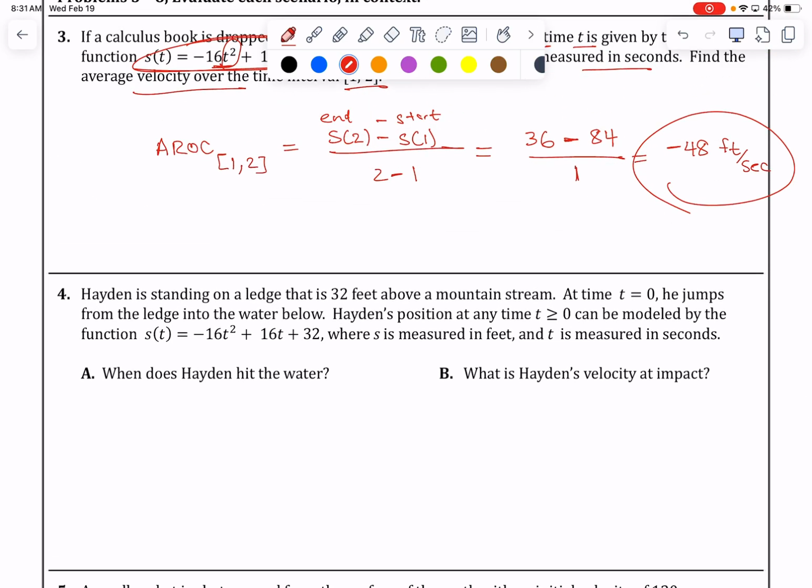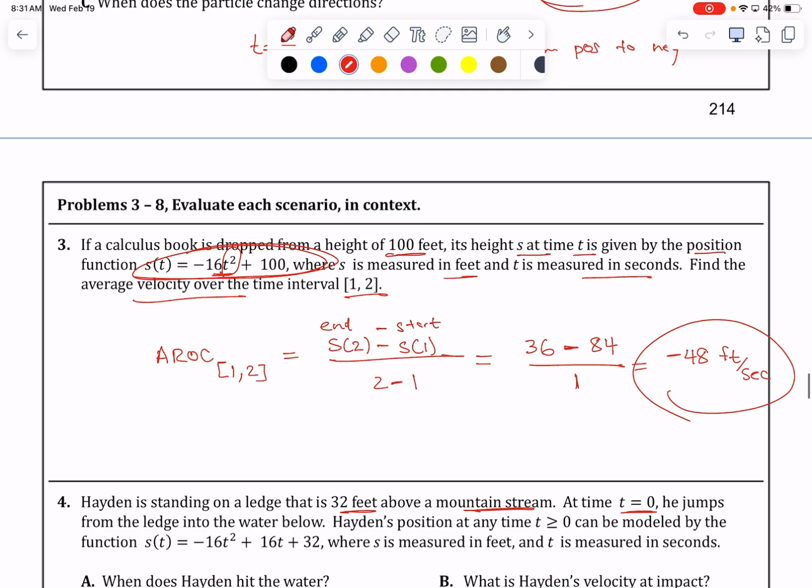All right, Hayden is standing on a ledge that's 32 feet above a mountain stream at time t equals 0. By the way, did you see in the last equation how it had negative 16 and it was in feet? And we know, remember, it's 1/2 g t squared plus v naught t plus h naught is that formula, where this is the initial height, this is the initial velocity, and this is gravity. And when we're in feet, it's 32 feet per second squared.